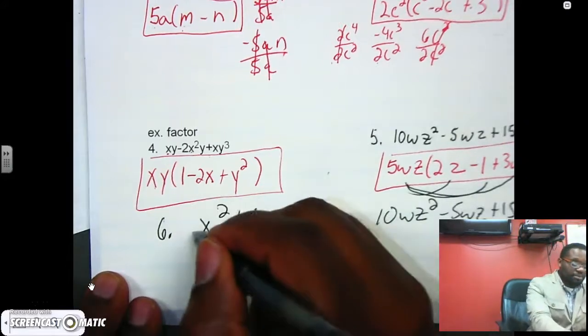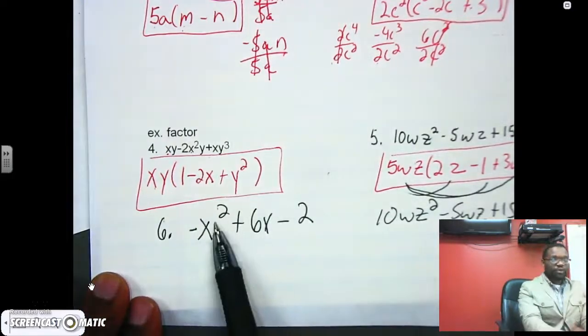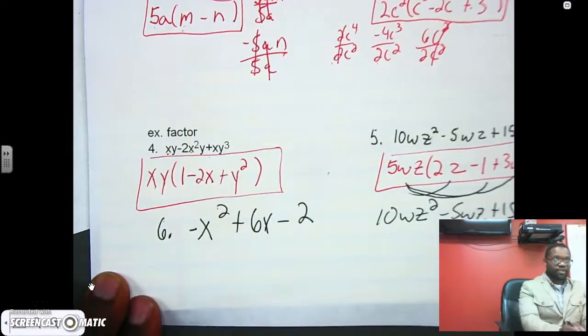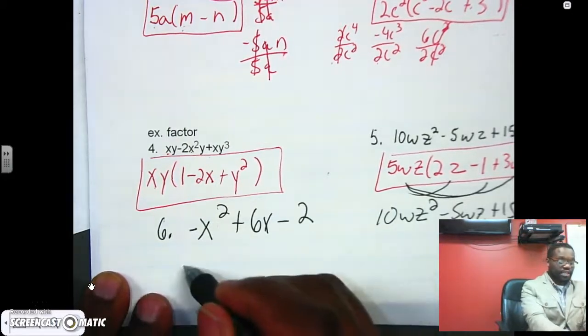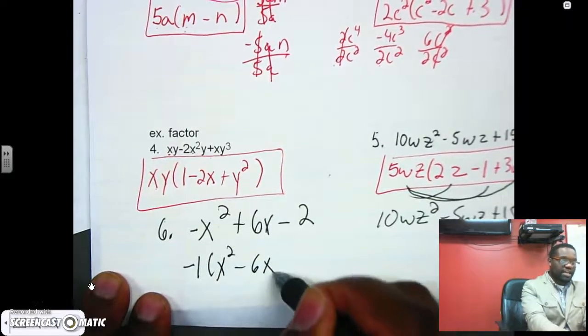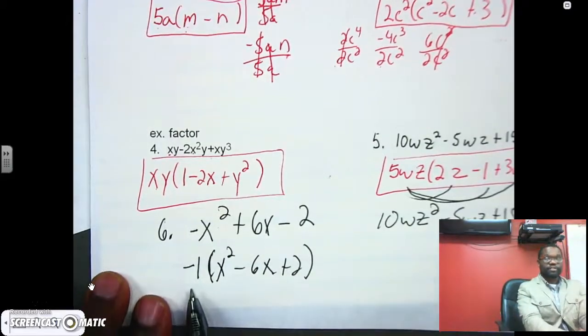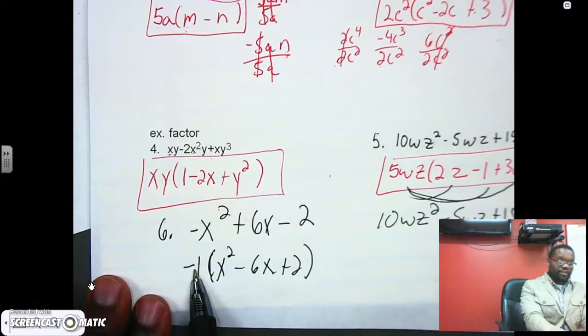Now, if this problem started out like this, normally we do not want our leading term, our highest exponent term, to be negative. And so in this case, the only thing you would be able to do is factor out a -1, which simply changes the sign of everything on the inside. Now, you can't just get rid of it. It stays out here.